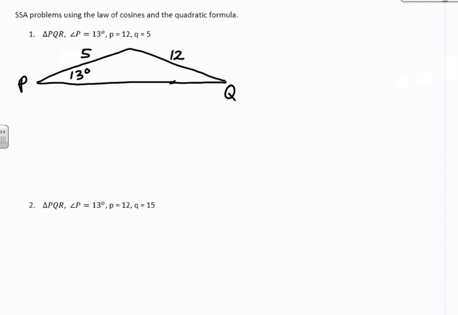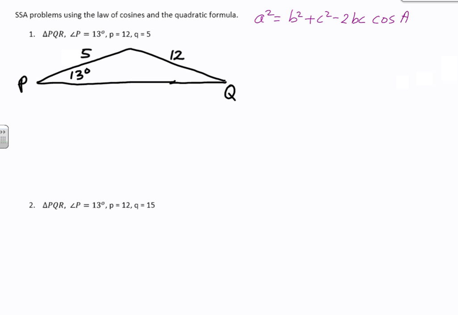As you remember, the law of cosines says something like a squared is equal to b squared plus c squared minus 2 times b times c times the cosine of angle A. That's the pattern.